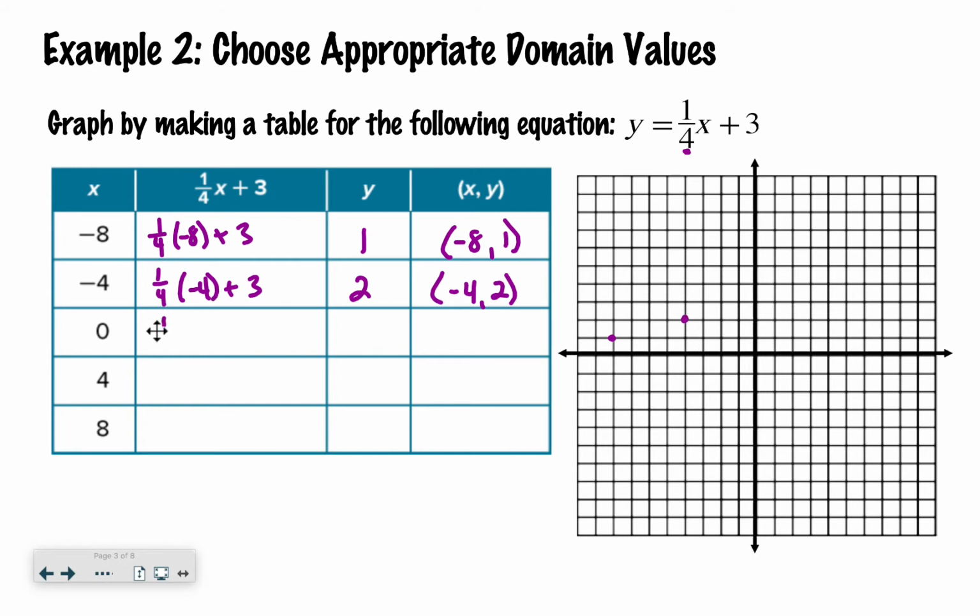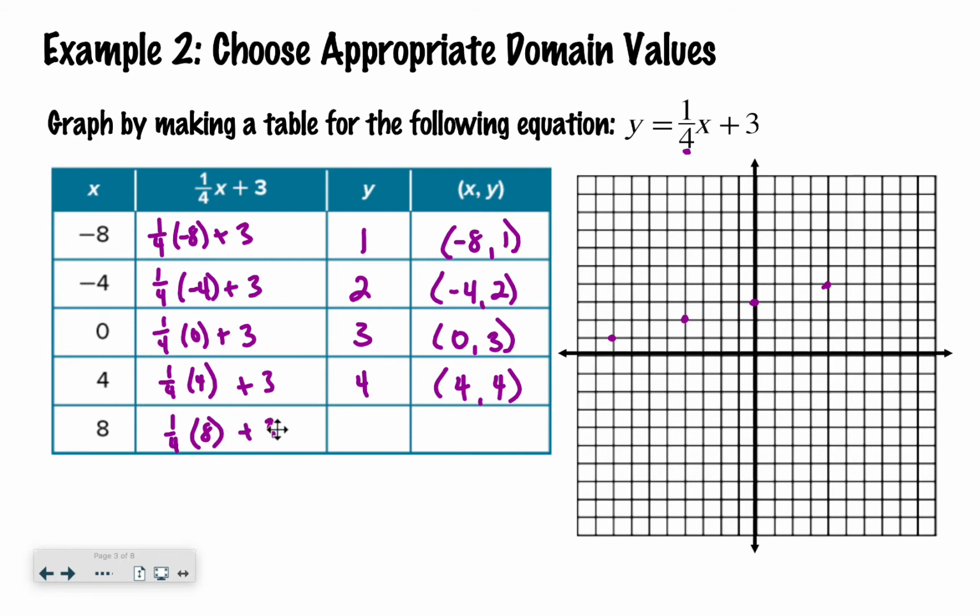If I plug in 0, 1/4 times 0 is 0. Plus 3 is 3. So 0, 3. 1/4 times 4 is 1. Plus 3 is 4. So you can see I now have 4, 4. And then 1/4 times 8 is 2, plus 3 is 5.